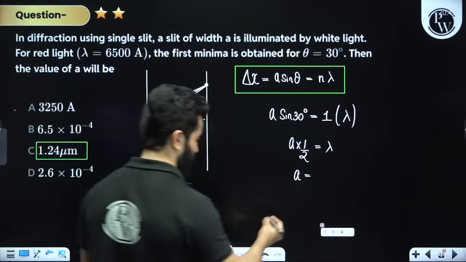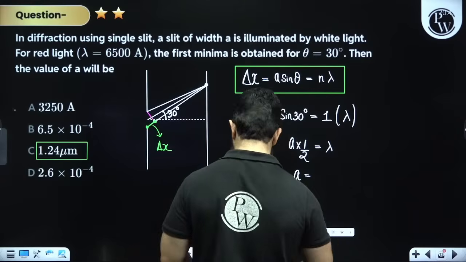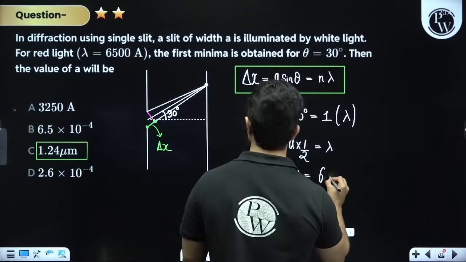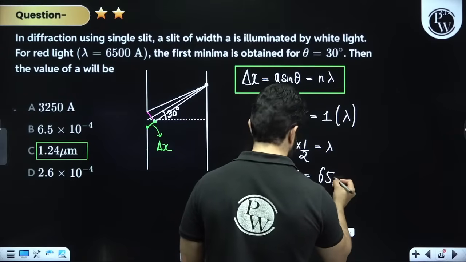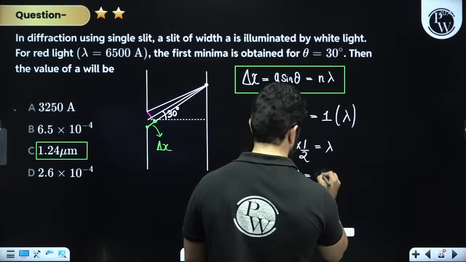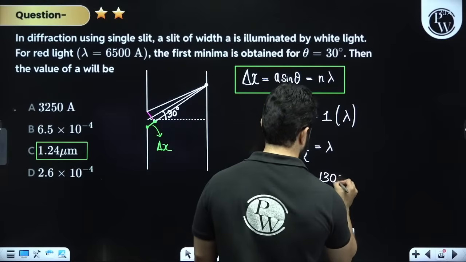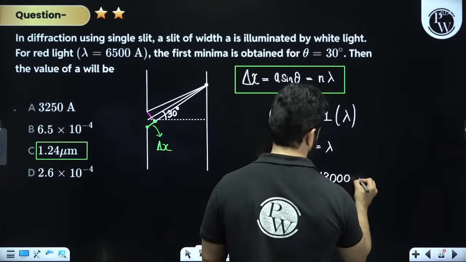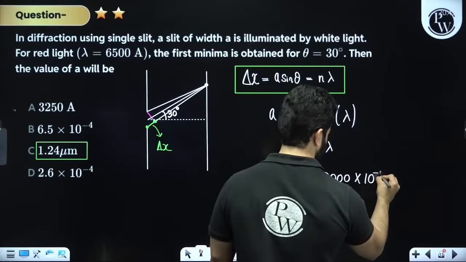Let me check. So this is 6500, and this will actually become 13,000 angstrom, that is 10 to the power minus 10.